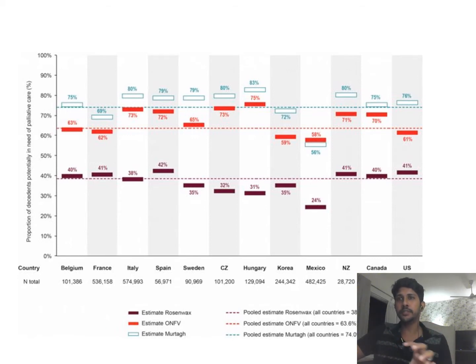So 3 different research groups have carried out the need for palliative care in terms of the percentage population that would benefit from palliative care. So you could see from this graph, according to the Murtagh estimate, around 70 to 85% of all patients in different countries seem to benefit from palliative care before they face death.